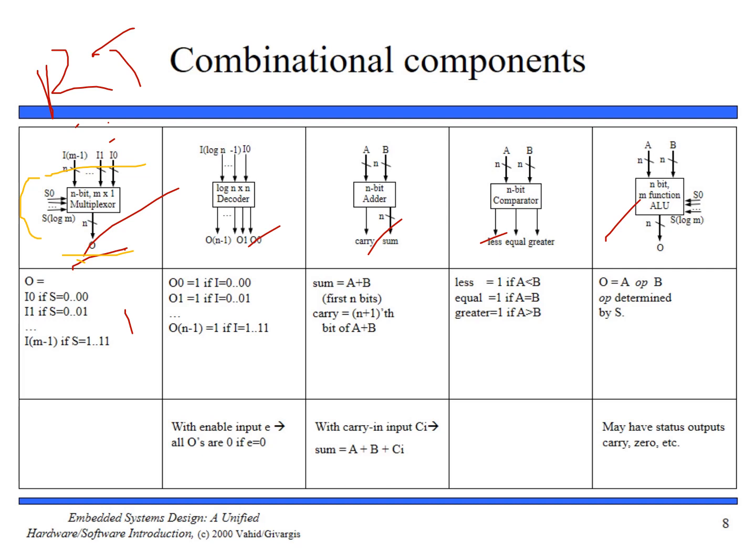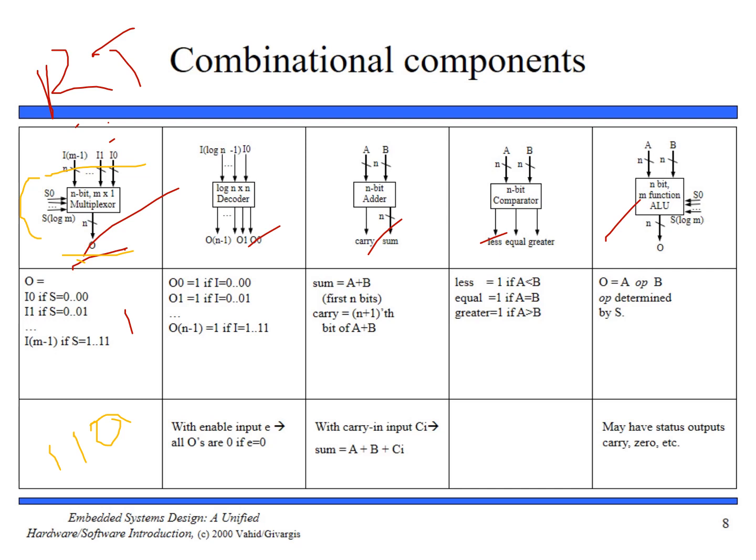If we have the value 1 1 0 on the select lines, it means 4 plus 2, which is 6, so I6 will be on the output. If I6 is 1, O will be 1. If I6 is 0, output will be 0.